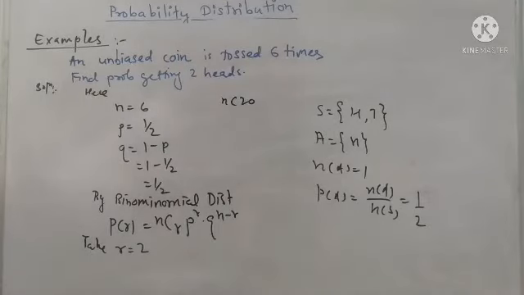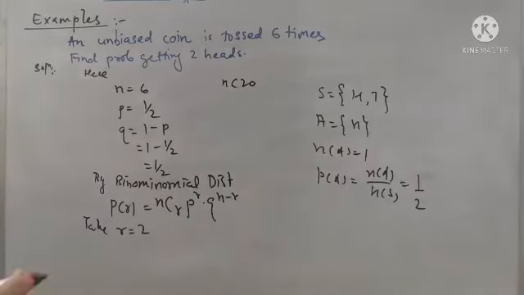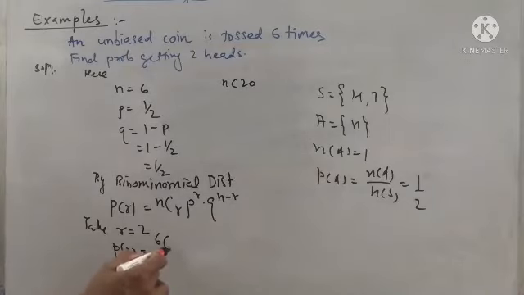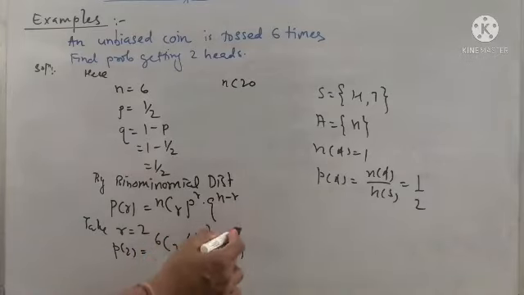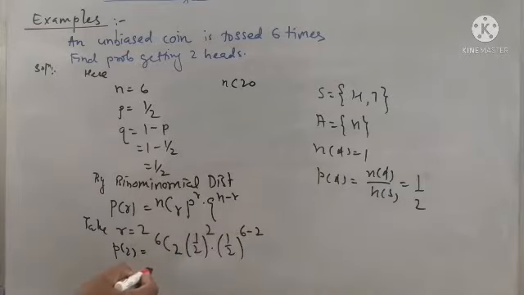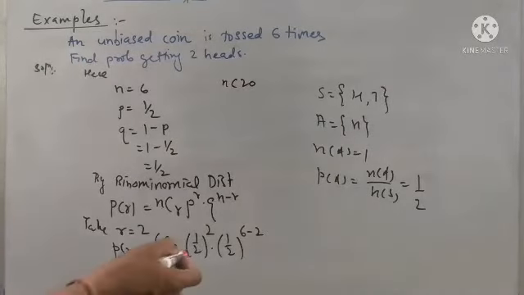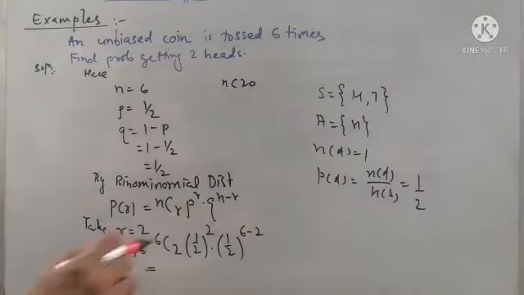Therefore P of 2 is equal to n, that is 6, C, r is 2, p is half raised to r, r is again 2, into q, q is again half, into n minus r, that is 6 minus 2. Now simplify using a calculator: 6C2, the combination of 6 out of 2, you can evaluate it, half raised to 2, half raised to 6 minus 2.